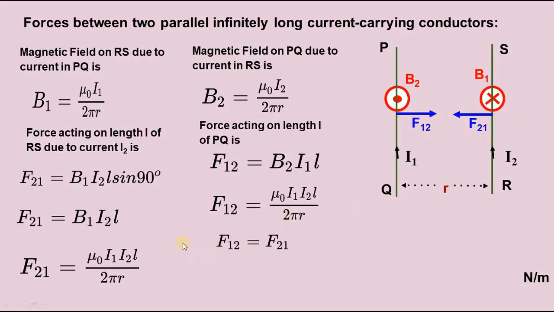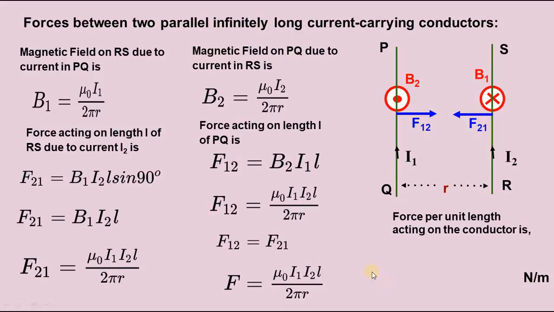If you look at the equations F21 and F12, they are equal in magnitude but opposite in direction. So the net force acting on the length L of any conductor is given by F equal to mu0 I1 I2 L by 2 pi r.